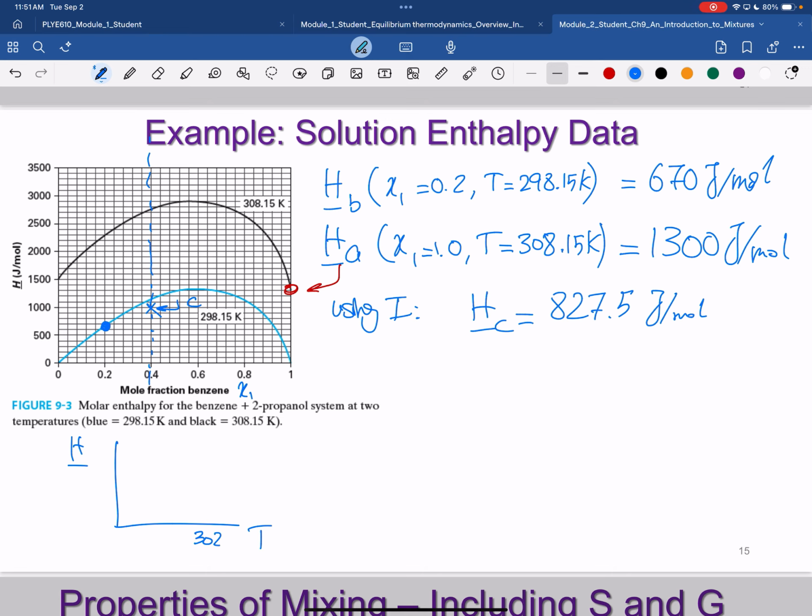So you have one point at 308. It is here. I have another point at 298. It is here. Extrapolation means that I'm going to extend this curve until it gets to this HC, which is 827, right? So this is going to be somewhere here.